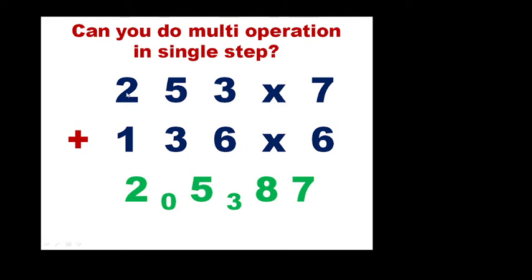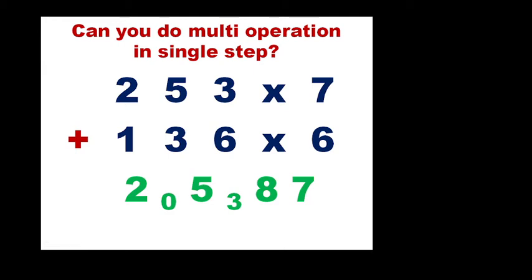First take 200 into 7, 1400. 100 into 6, 600. So 1400 plus 600 is 2000. We can write 2, 0 carry over. 50 into 7, 350. 30 into 6, 180. So by adding, 530, correct?